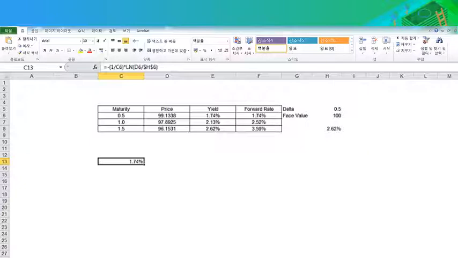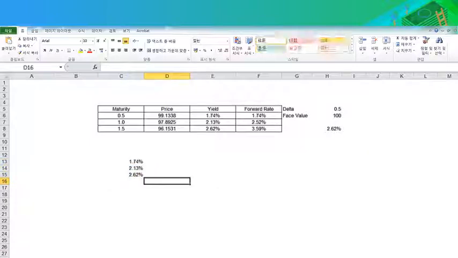And for others, I can simply drag down. So we have this part, right? So when the price of the contract that pays $100 in 0.5 years is 99.1338, the yield or spot interest rate over the period is 1.74%.